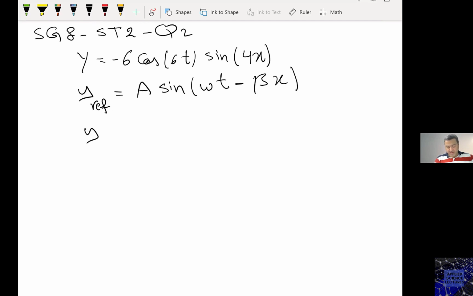So I have here incident in the negative direction. The sign of the amplitude will be different, but it doesn't mean that this one will be negative. It may be positive. We'll see. Omega t negative direction means plus beta x.